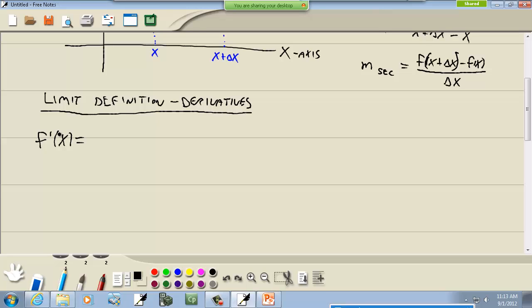And then if we plug in a specific value, that'll give us the slope of the tangent line at that point. And we said that the limit as delta x is approaching 0, so it's going to 0, of f of x plus delta x minus f of x over delta x. So that's our formula we're going to be working with.